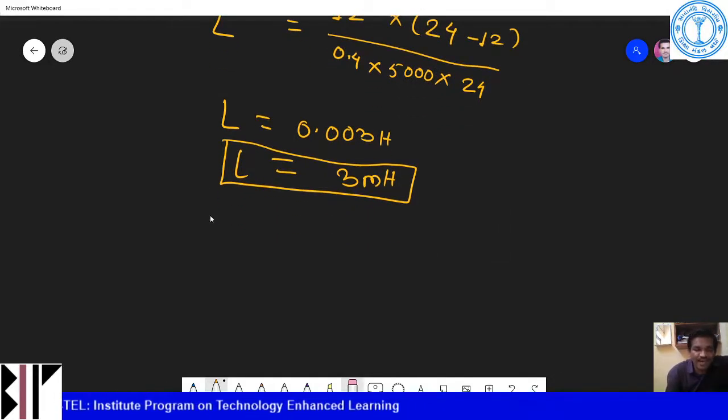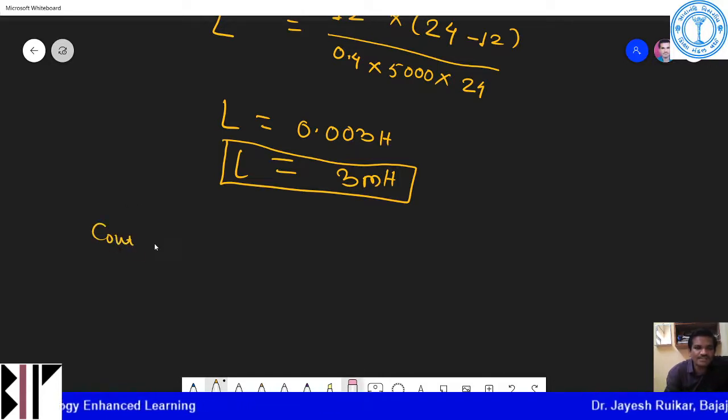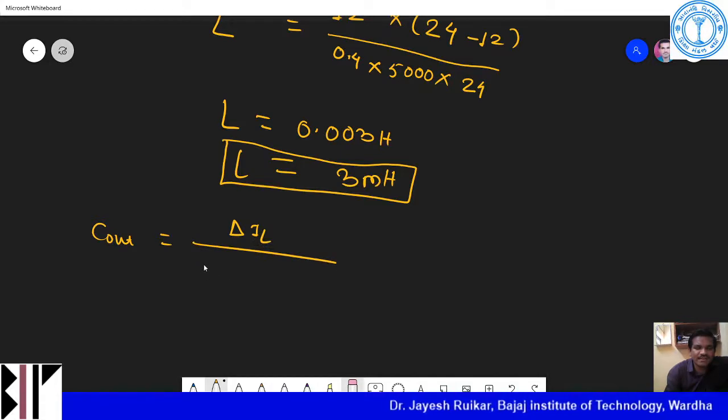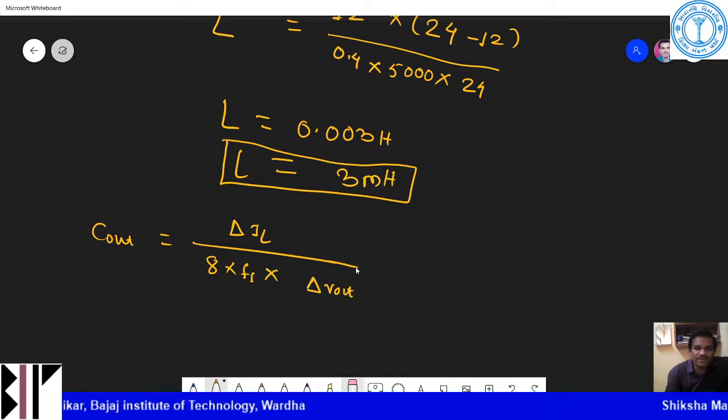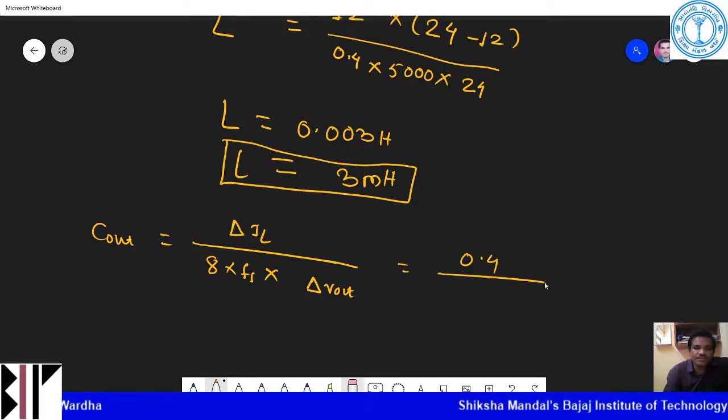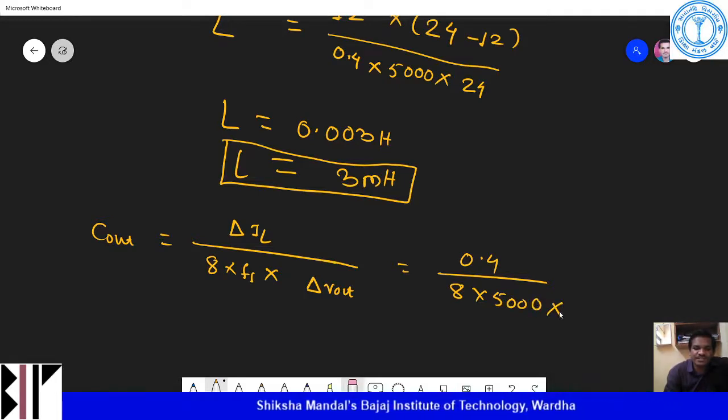So now we got L. Now we will calculate the output capacitance, C out, for which the formula is delta IL divided by 8 multiplied by switching frequency multiplied by output ripple, that is delta V out. So it is 0.4 divided by 8 into switching frequency 5000 multiplied by delta V out.